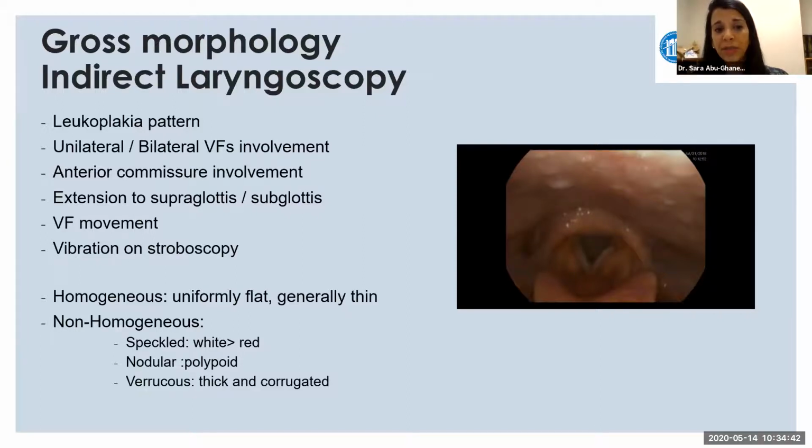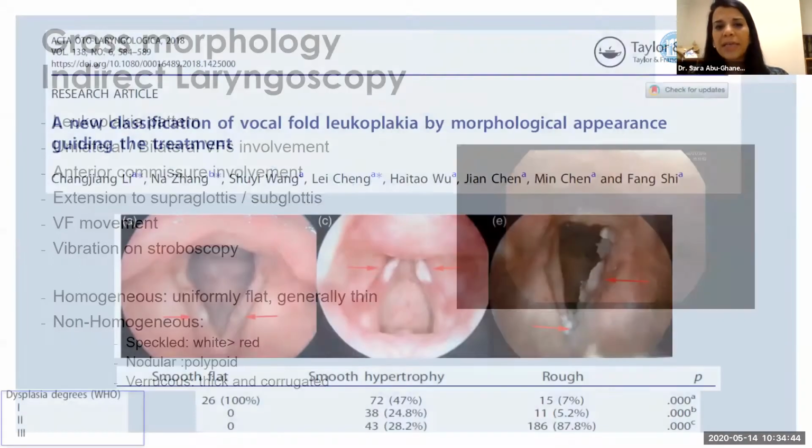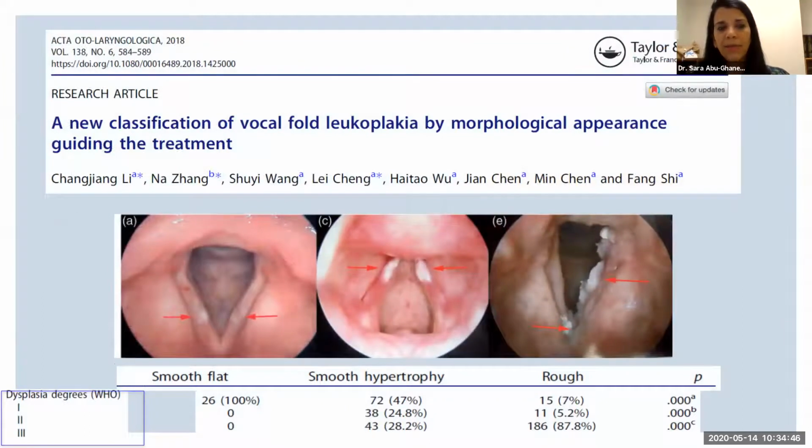In terms of the leukoplakia pattern, usually we divide it into two different subgroups, either homogeneous pattern or non-homogeneous one. There is importance to that, and there are a fairly good number of papers saying that based on morphology and patterns of the leukoplakia, you can really tell if indeed that will be cancerous.